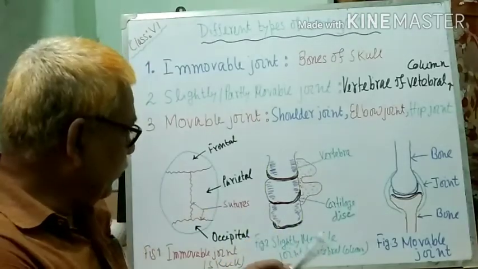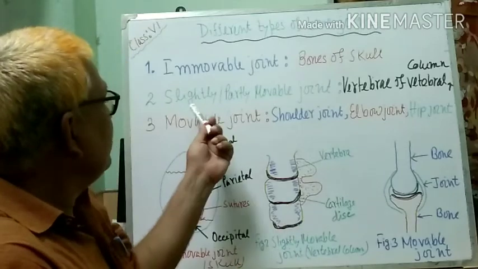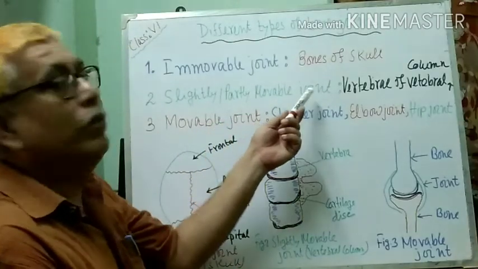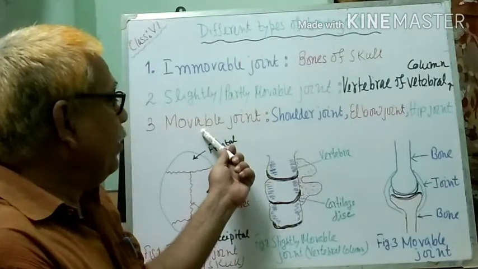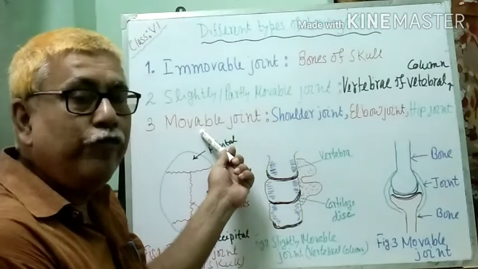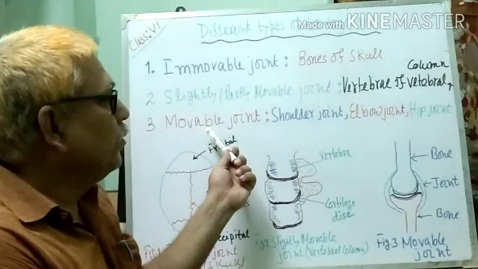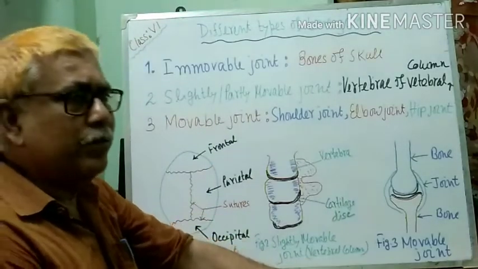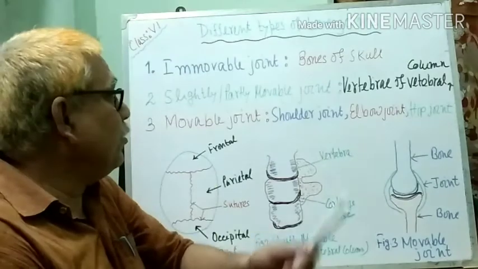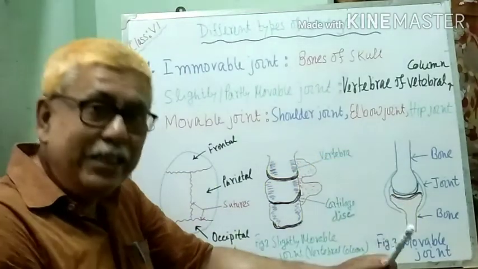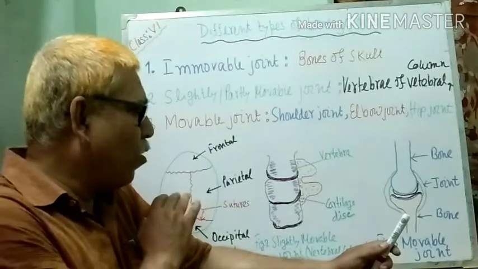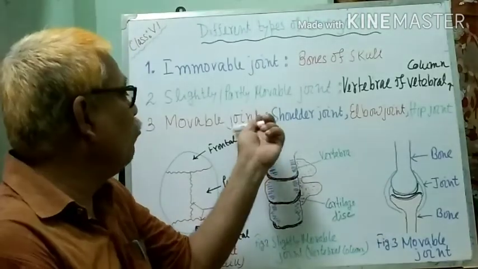So, this is the example of a slightly or partly movable joint. Then, movable joint or synovial joint. There are so many examples: hip joint, shoulder joint, elbow joint, knee joint. These are all examples of movable joints.